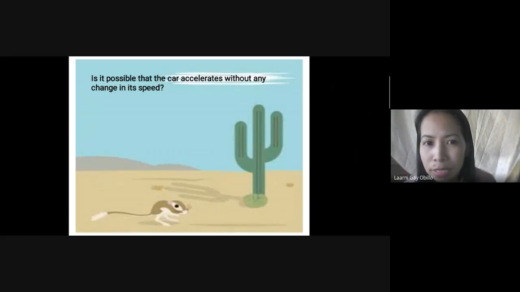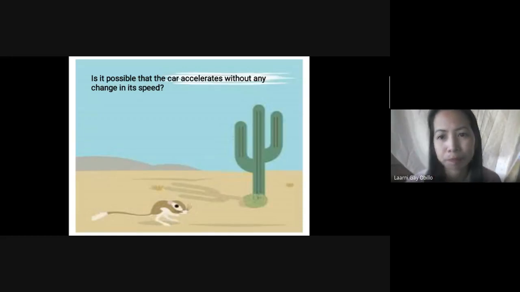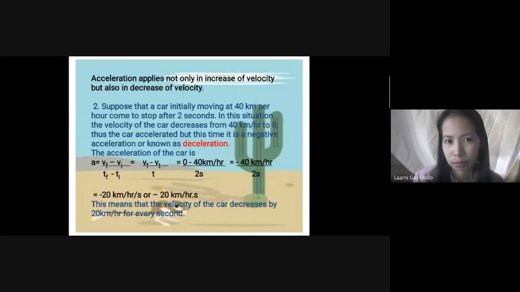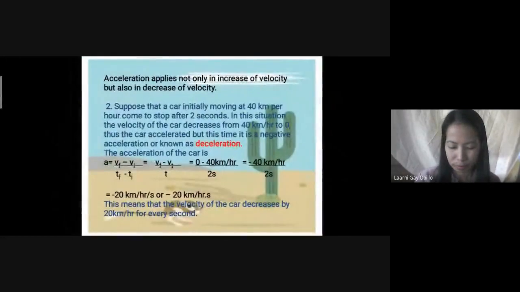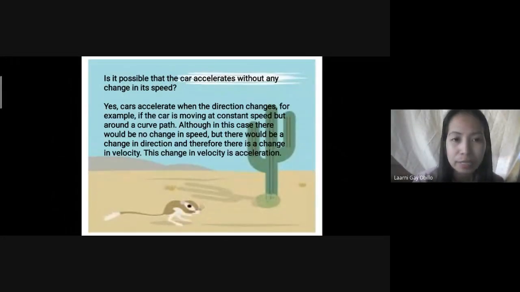Posible ba na mag-accelerate pa rin yung car kahit hindi nagbabago yung speed niya or yung bilis niya? Okay, the answer is yes.